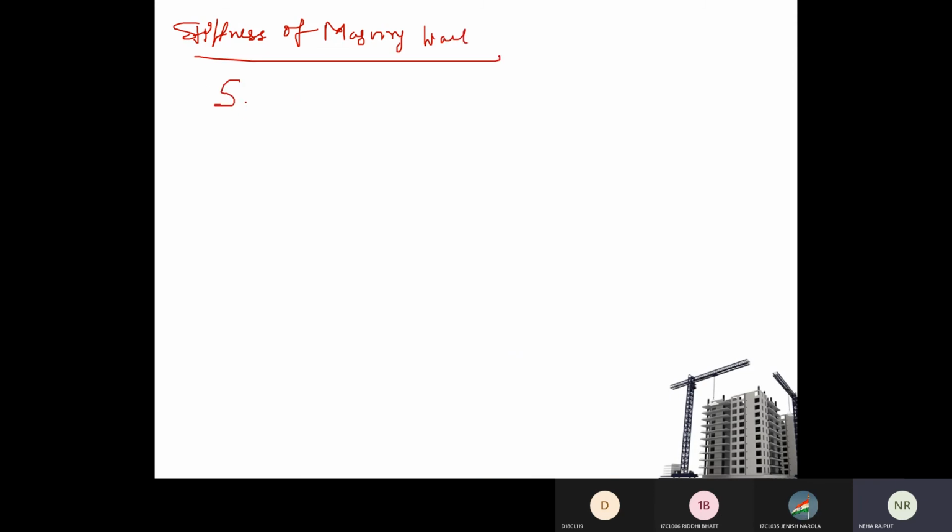Again, stiffness of masonry wall in X direction, SMW1, first two masonry wall 1. Equation will remain the same, 12 EI by L cube.